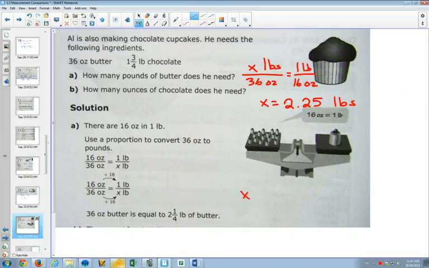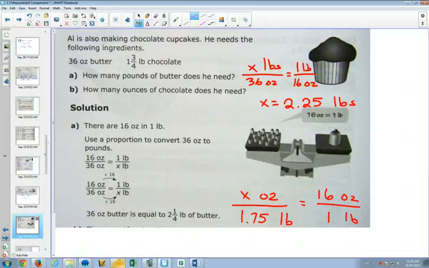So we want to find ounces for part B. We know that we have 1 3/4. If you change 3/4 to a decimal, you get 0.75. So you might like this better for your calculator to change 1 3/4 to 1.75. Again, we know that there are 16 ounces in 1 pound.